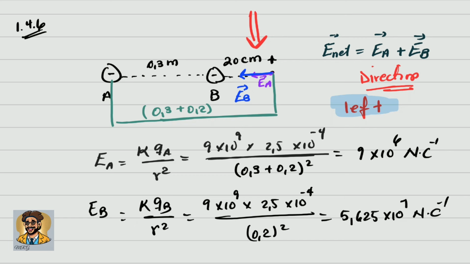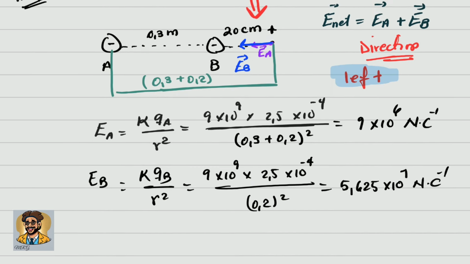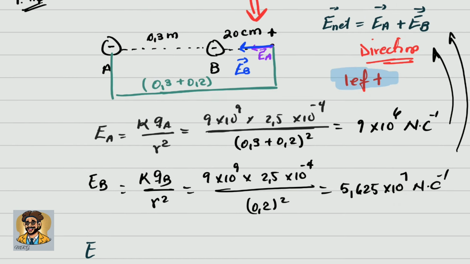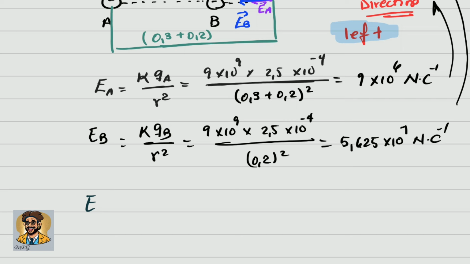So all we have to do is to substitute those numbers in the equation of the net electric field, which we are going to do real fast. We're going to substitute those two numbers in there. So the net electric field, let's write it here. Remember, it is the addition. Both of them are positive because both of them are pointing to the left. Okay, so E net will be equal to 9 times 10 to the 6 Newton per coulomb. You don't have to substitute the unit.